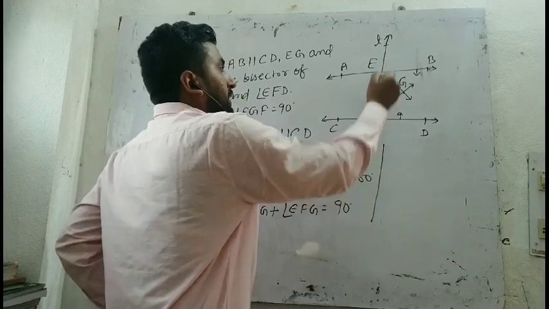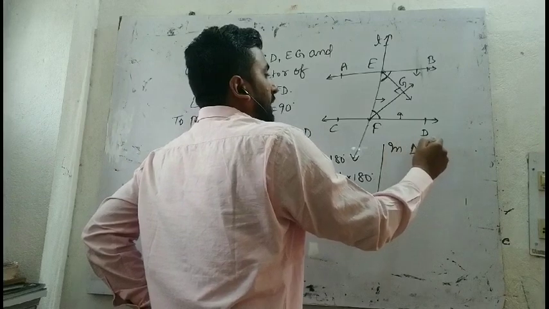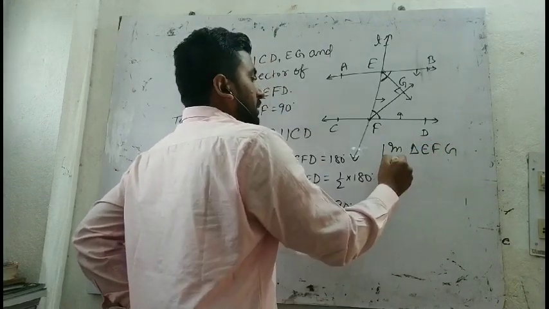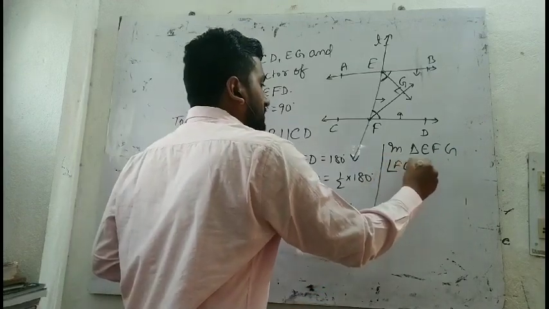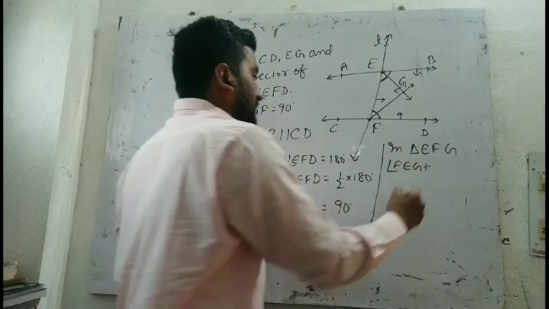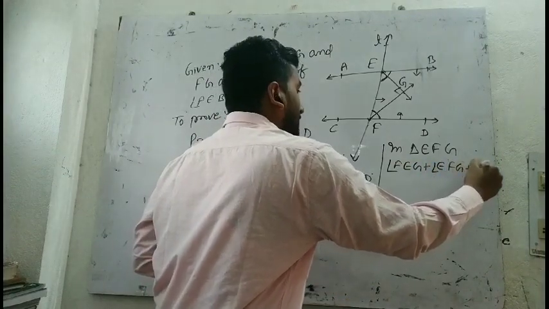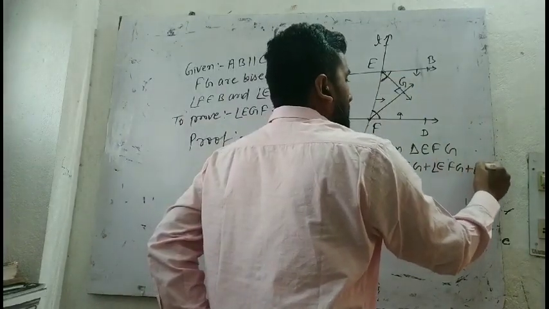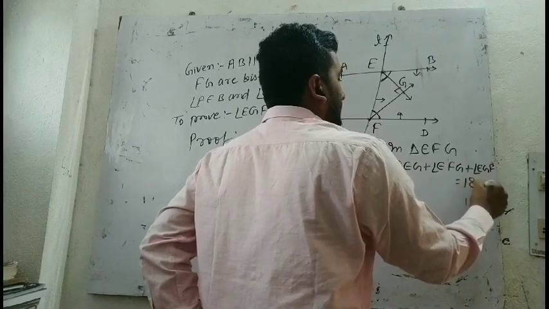Now in triangle EFG, the sum of the angles FEG plus EFG plus EGF is equal to 180 degrees.